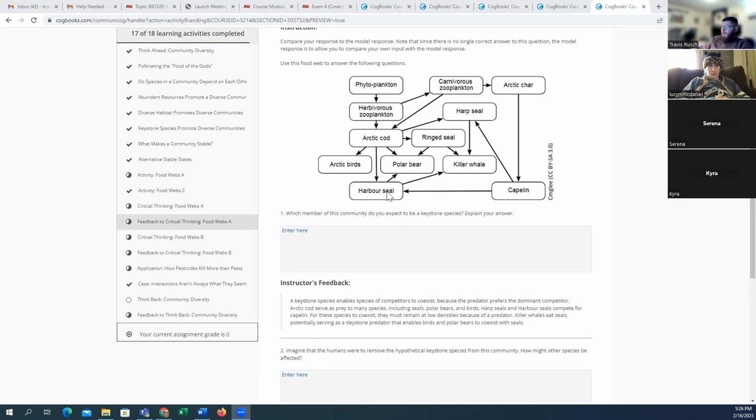Between the harbor seal and the ring seal, there's going to be unchecked competition that could get out of hand and lead to one species outcompeting the other, and therefore removing multiple species from the system if they drive them to extinction, like in the previous exercise we were looking at.